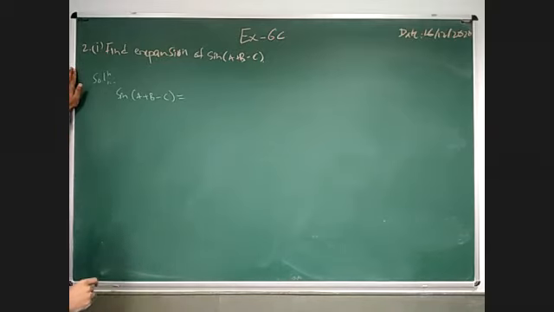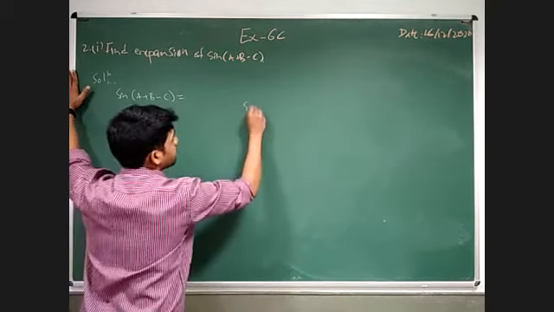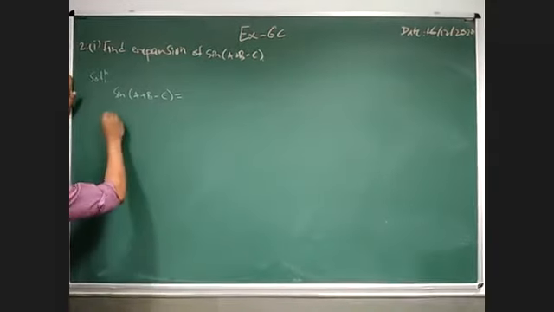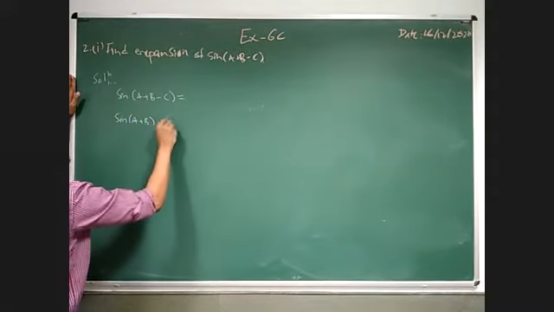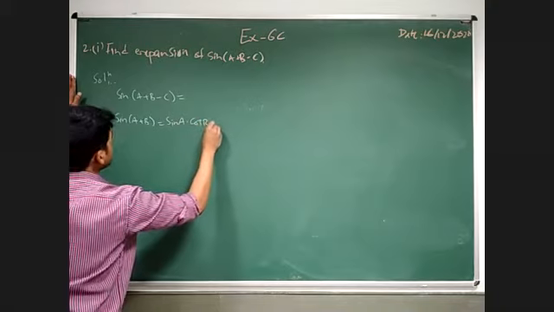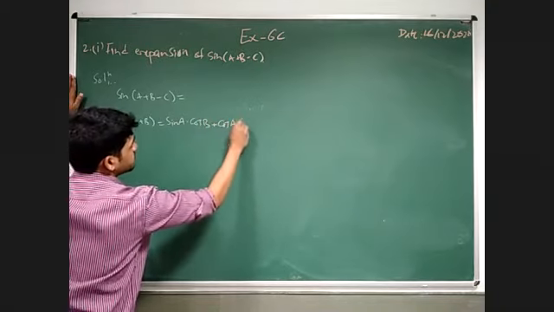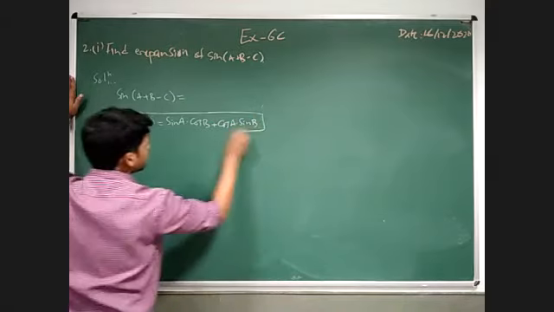The compound angle formula is nothing but sine(a plus b), that is sine a cos b plus cos a into sine b. This formula you have to use.